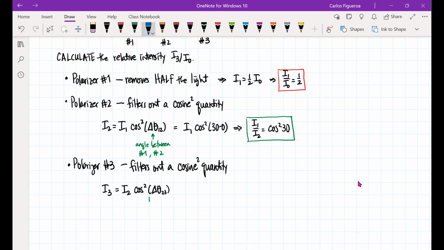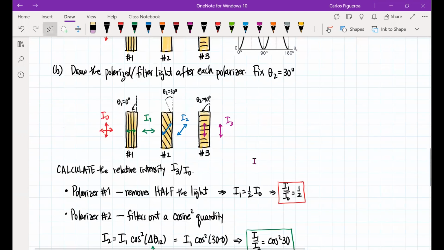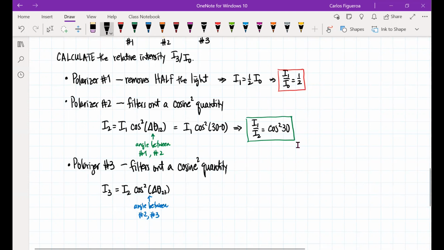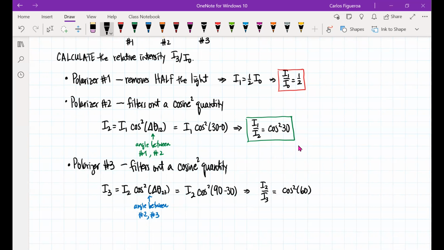Once again, this is the angle between polarizers 2 and 3, and if you look up here, you can see that one is 90 and one is 30. So this guy's going to be I2 cosine squared of 90 minus 30, which tells me that the relative intensity between 3 and 2 is going to be cosine squared of 60 degrees.